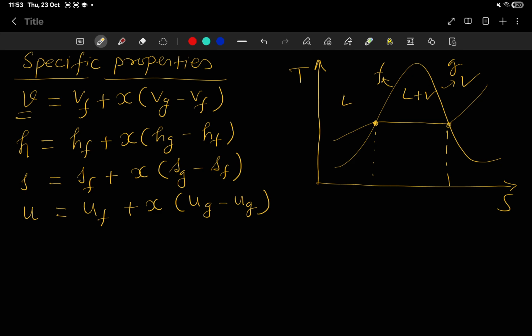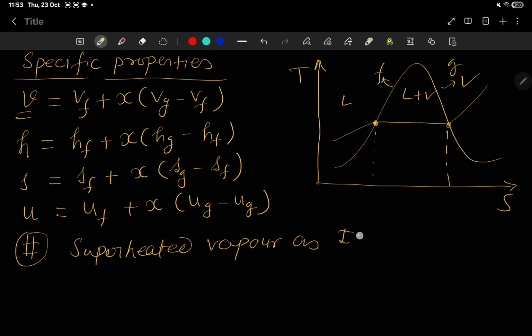So here one important point comes when we consider superheated vapor as ideal gas, right? So we assume superheated vapor as ideal gas.